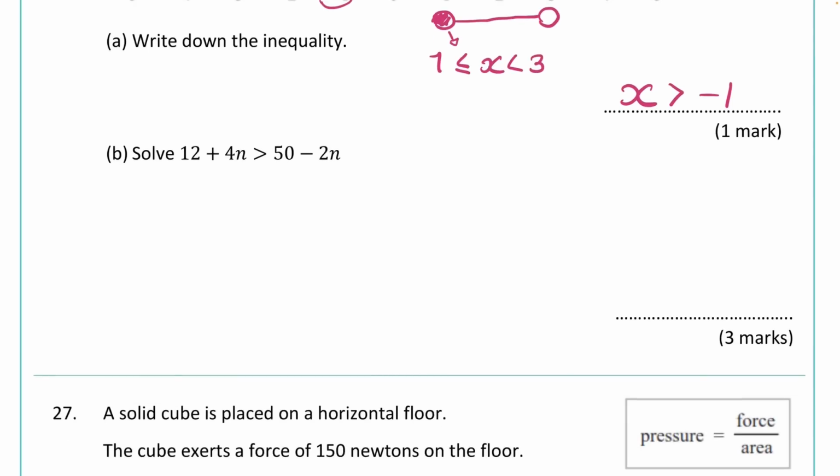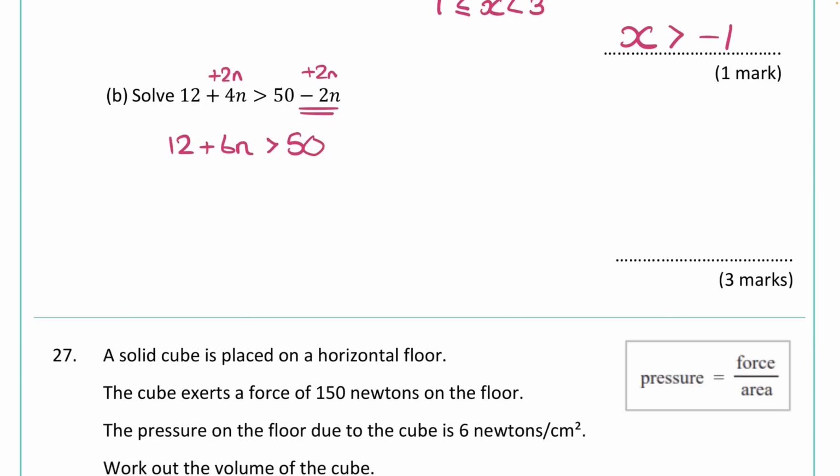Part B here is solving an inequality. So here we want to look for the smallest unknown as they're on both sides. The smallest is this -2n. So we want to get rid of that by adding 2n to both sides. If we add 2n to both sides, we have 12 plus 6n is greater than 50.